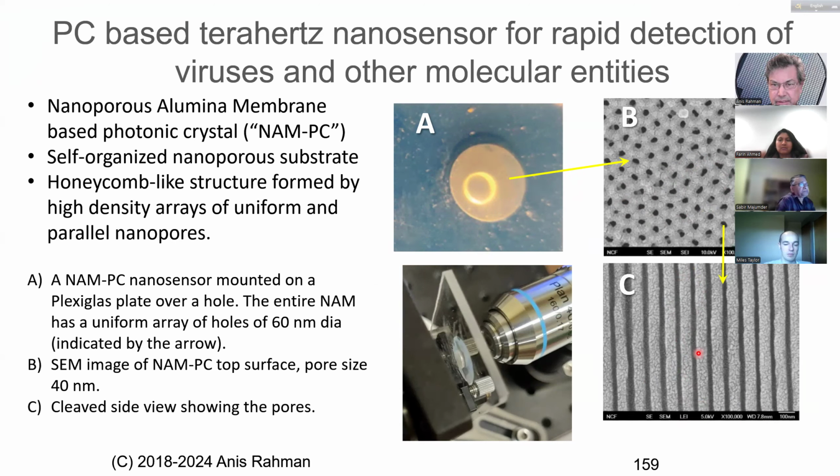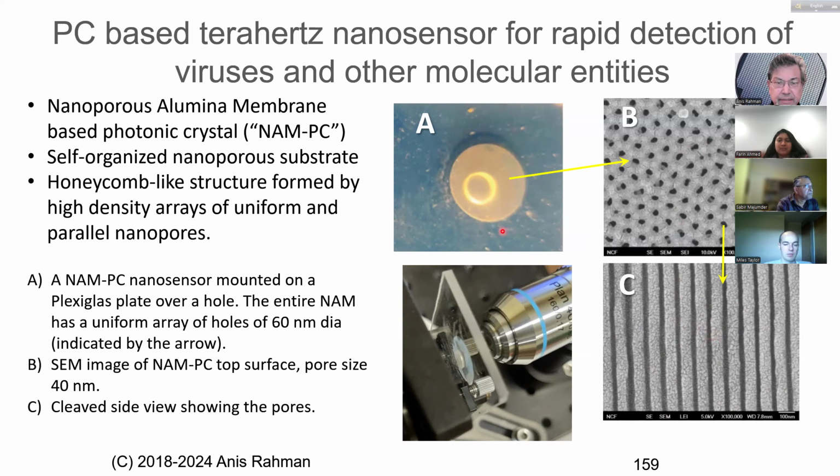They section it vertically, along this line, so that they can expose the propagation of the holes from one surface to the other, and how the holes are organized across the thickness. This image came from the manufacturer of this photonic crystal disk. So these two images are from them.